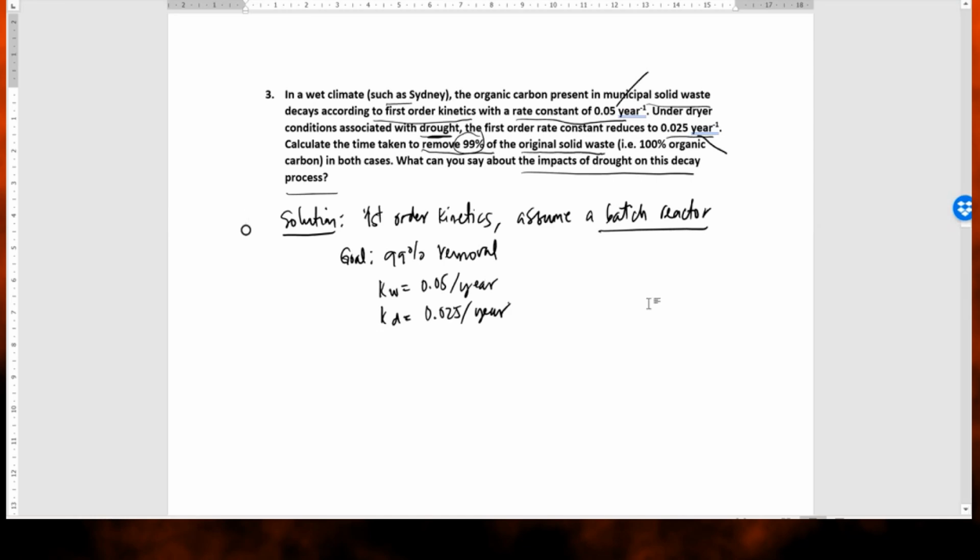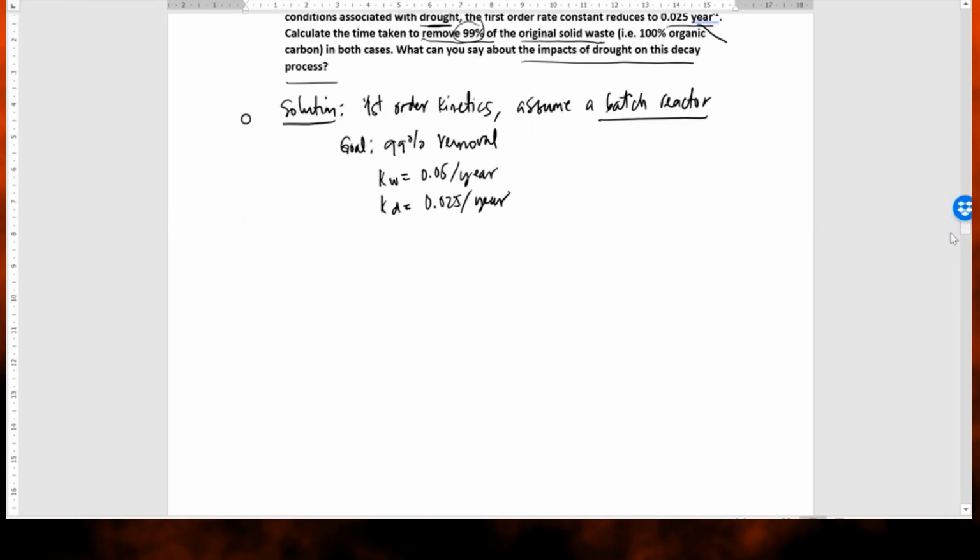For the batch reactor kinetics, our formula is C sub T equals C naught e to the minus KT, right? That's our formula for the batch reactor.